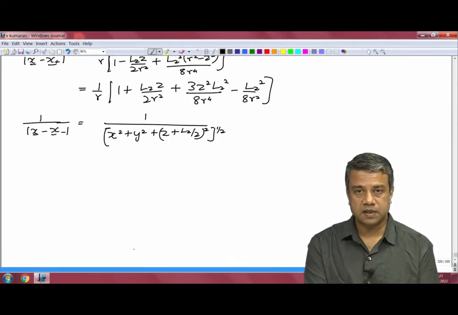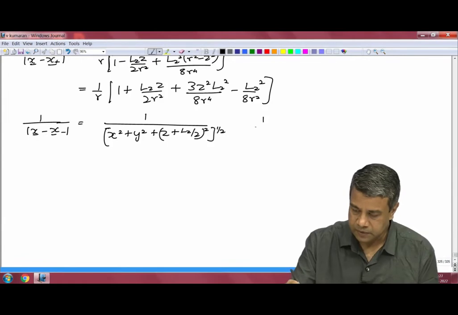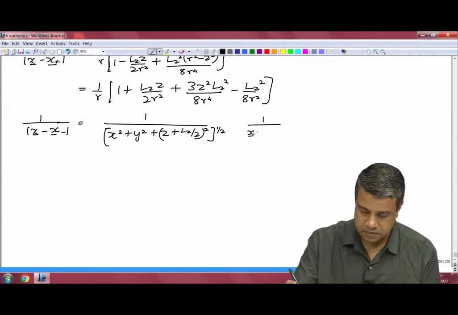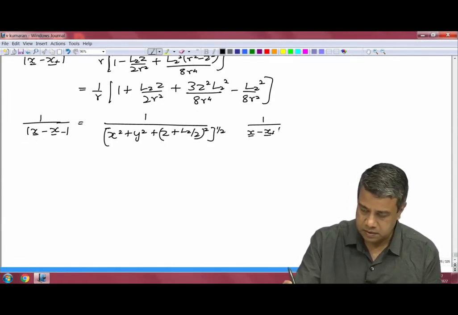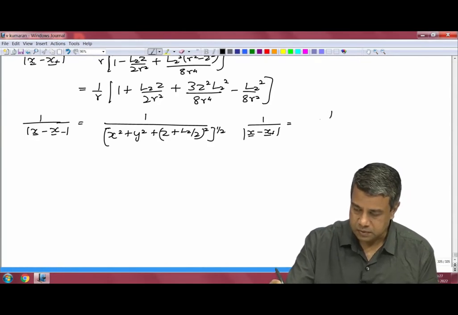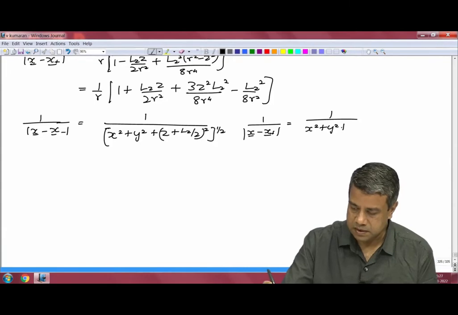Compare that with the expression that I just had for 1 over x minus x plus, which is equal to 1 over x square plus y square plus z minus Lz by 2 the whole square, whole to the half.